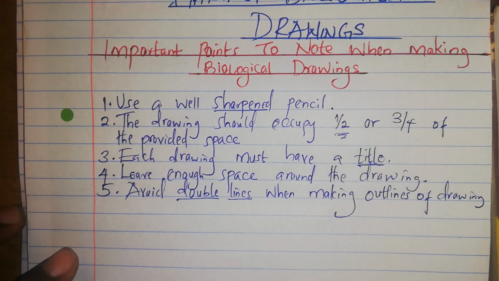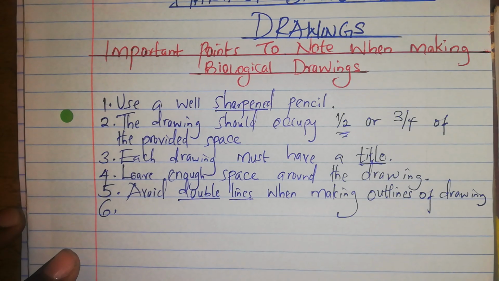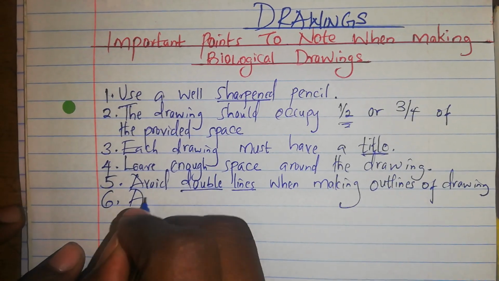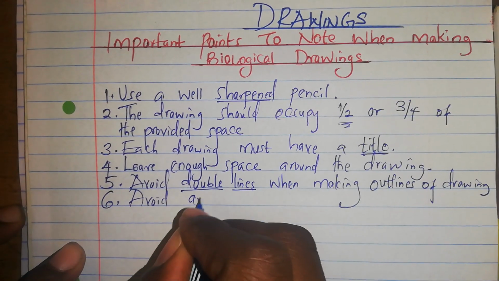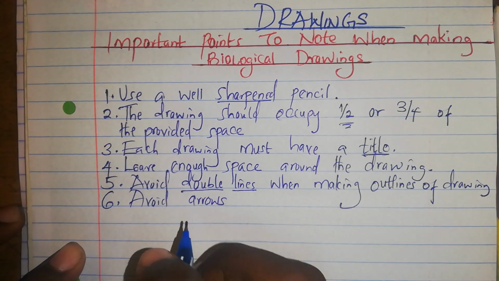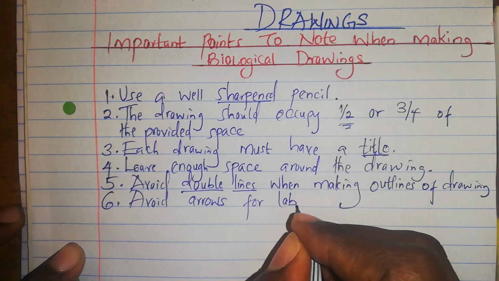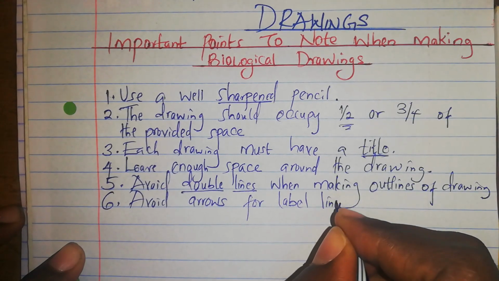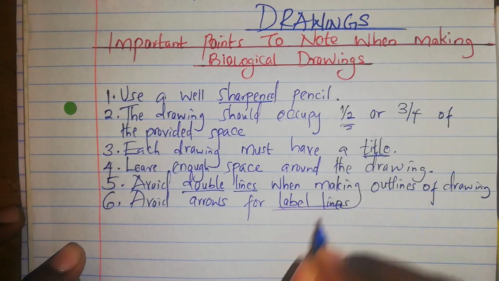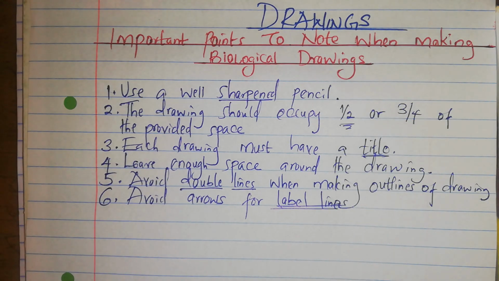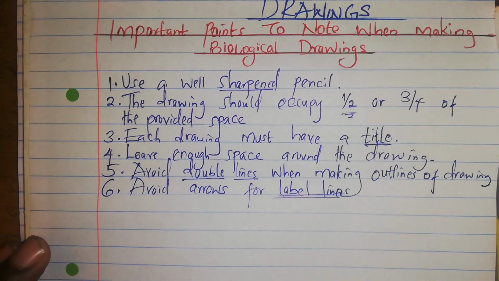Number 6, avoid arrows for label lines. The label lines, there should be no arrows when you are labeling the drawing.